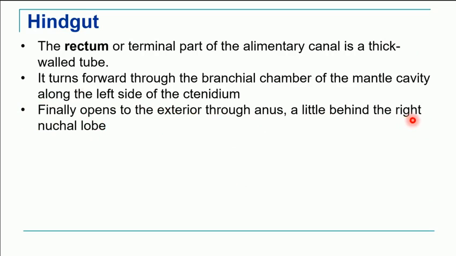So in the previous lecture we have seen that there are two lobes, right and left nostril lobe. So the rectum, which starts from the end part of the intestine, runs forwards through the branchial chamber, goes to the ctenidium, and finally opens through the anus near the right nostril lobe.